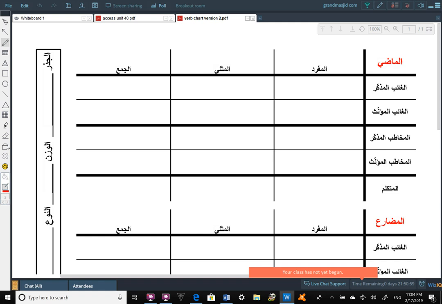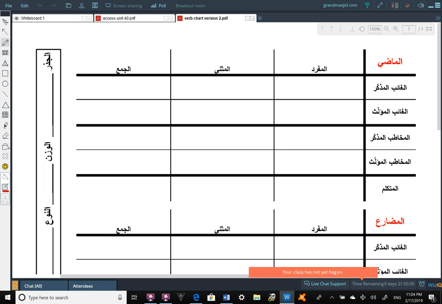In Access to Quranic Arabic Unit 32, the video and the PDF, inside that it explains this verb form, form 3, in more detail. After that, inshallah ta'ala, if you do need to watch it, then we're going to continue here with this.